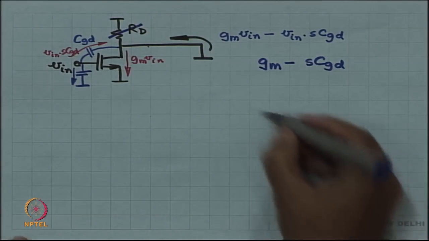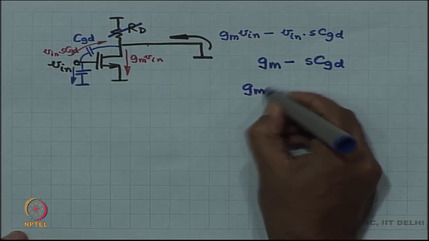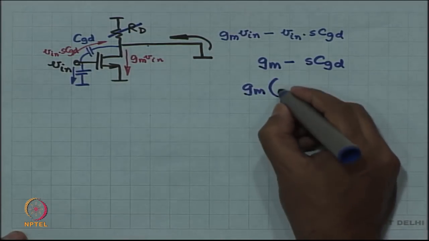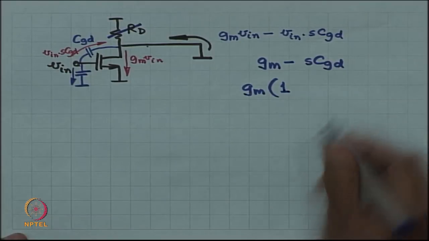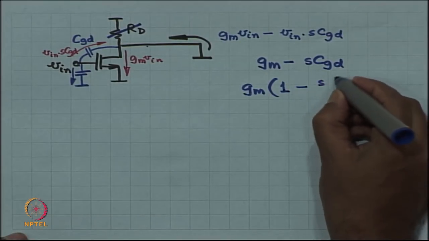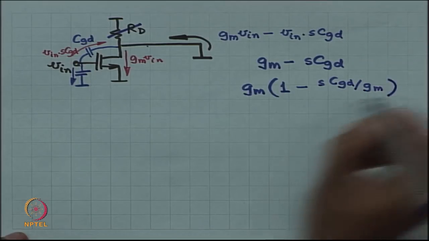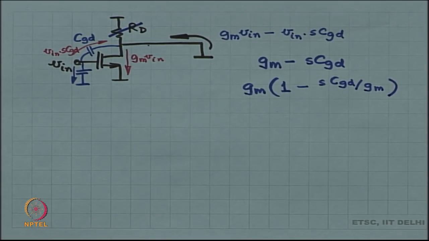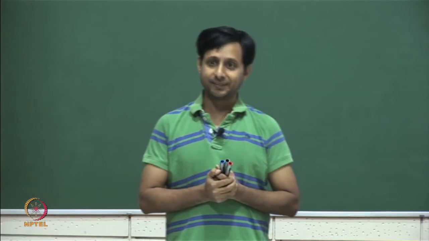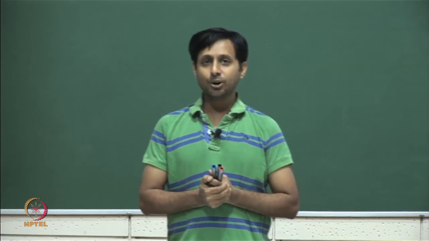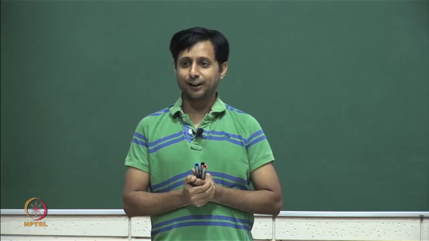We like writing it as the DC quantity times 1, in this case minus SCGD by Gm. Okay. And clearly this is a pole or a 0? This is a 0, yes, this is a 0, and this 0 is in the left half plane or in the right half plane?